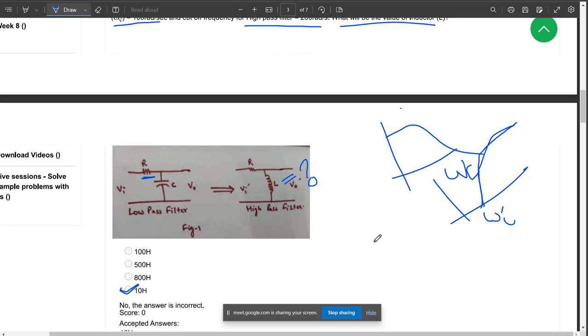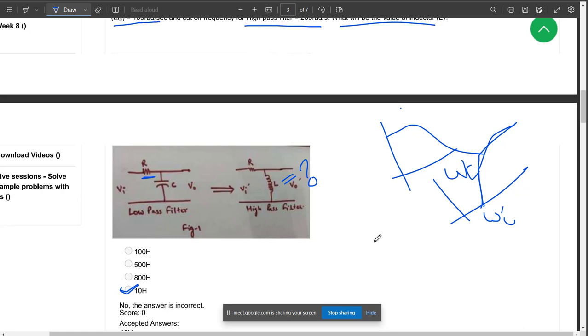In the lectures it is given that for a low pass filter, to get a high pass, j omega is replaced with omega c into omega c dash by j omega. But I don't know why we are using this. Why we are using what?